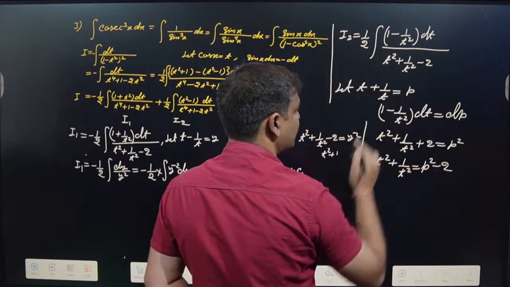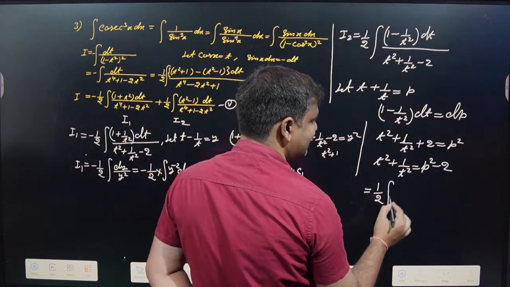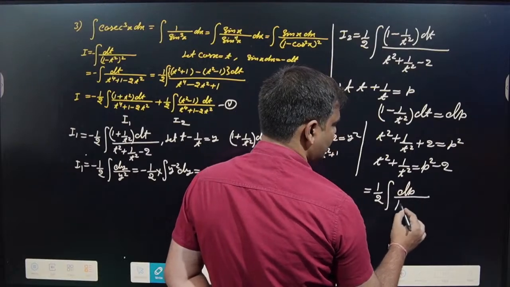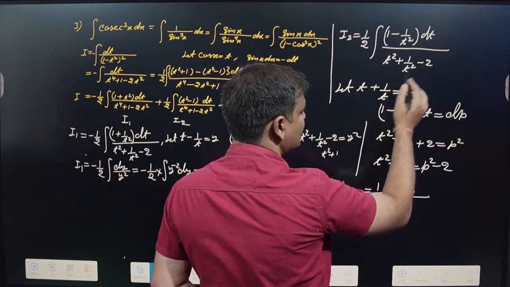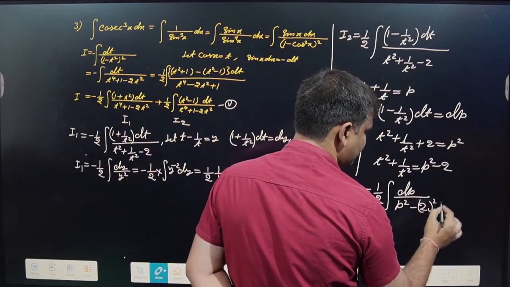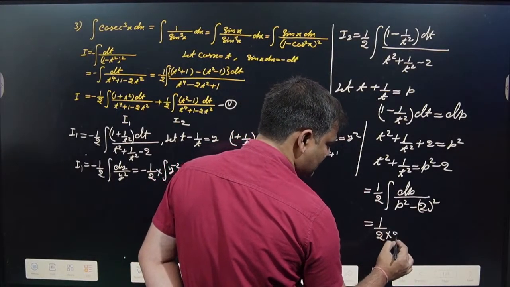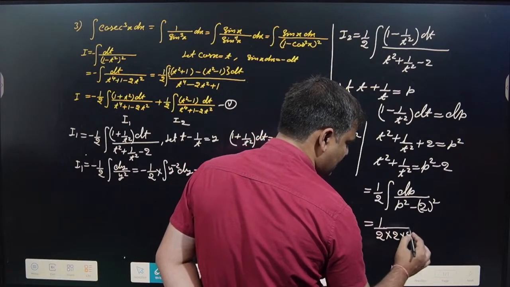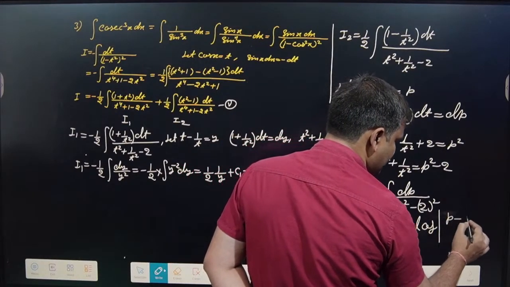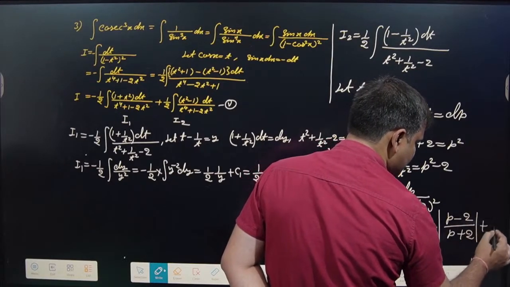Now this value put here, then we got 1 by 2 dp divided by p square minus 2 minus 2, that is minus 4, means 2 to the whole square. So you can say that 1 by 2 into 2a, a is 2, into log of modulus of p minus 2 divided by p plus 2, plus c2.